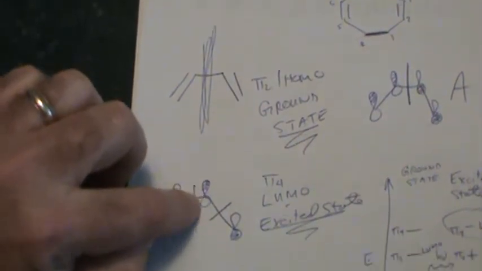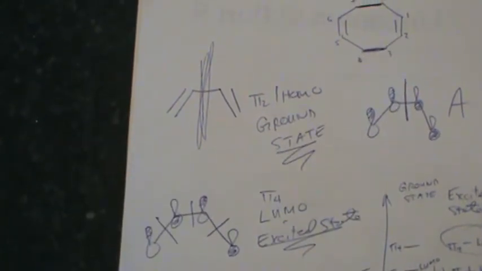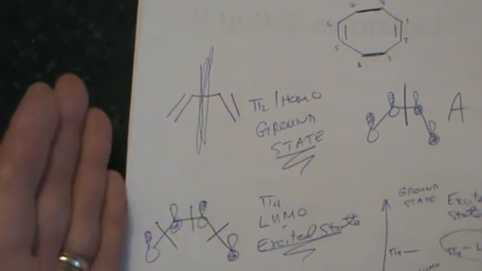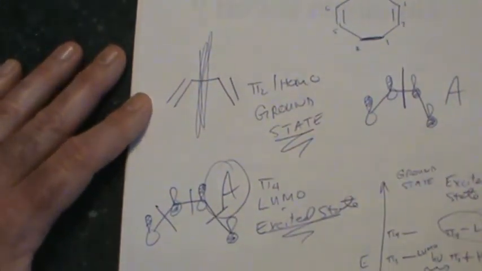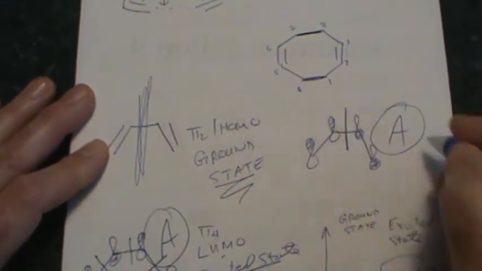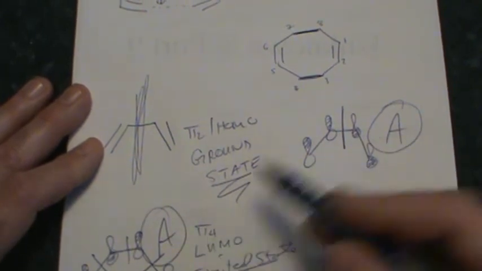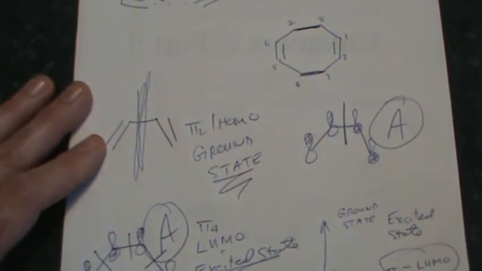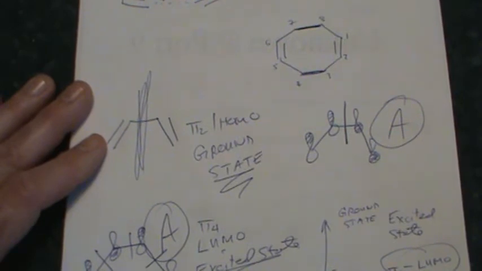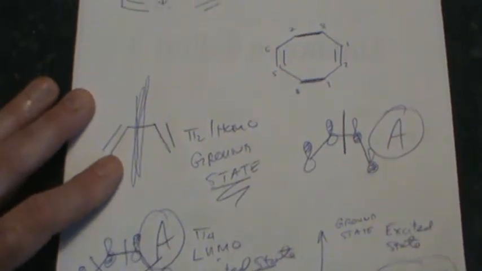That node right there is at the same spot as the plane of symmetry we're considering, and you can see that everything on the left is exactly the opposite of everything on the right. It is anti-symmetric. That is exactly what we had for the highest occupied molecular orbital of the ground state species. They're both anti-symmetric, and therefore we would predict that they will in fact react in an allowed fashion with one another. So this reaction, this cycloaddition, is allowed.